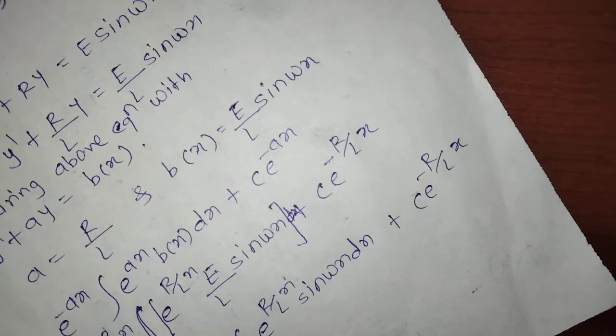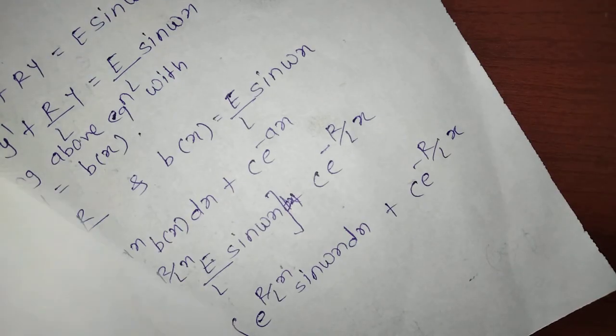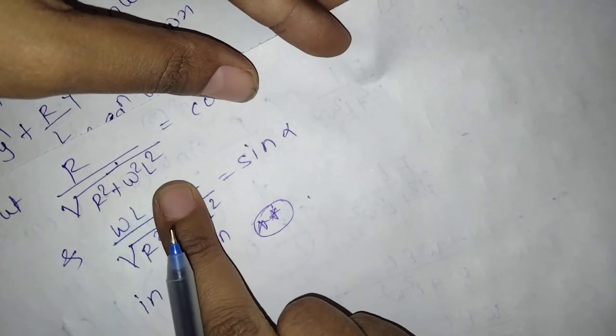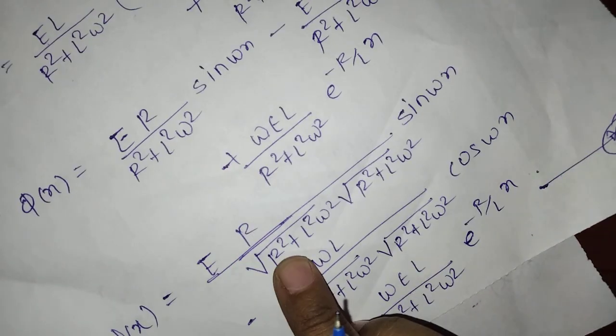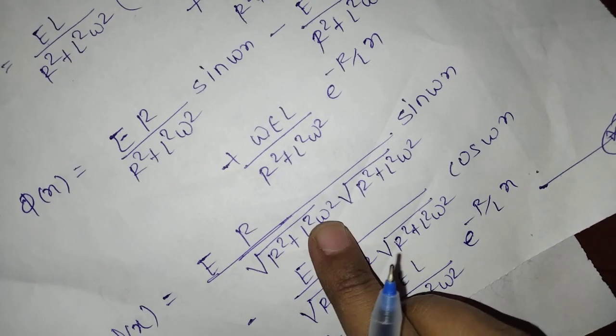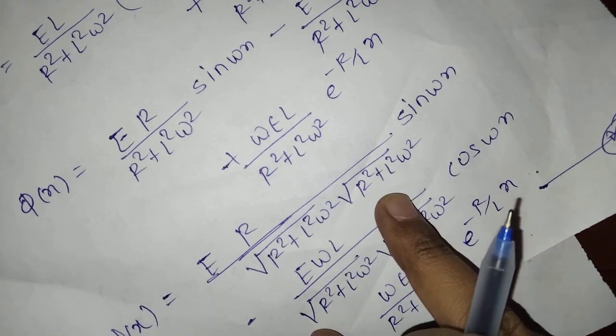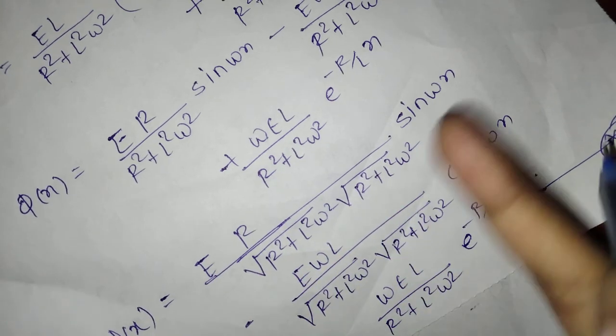So in equation double star, R upon under root R square plus L square W square is cos alpha, and E upon under root R square plus L square W square stays as it is.